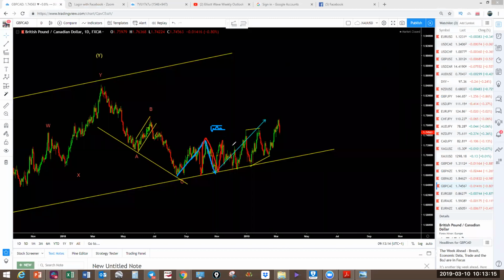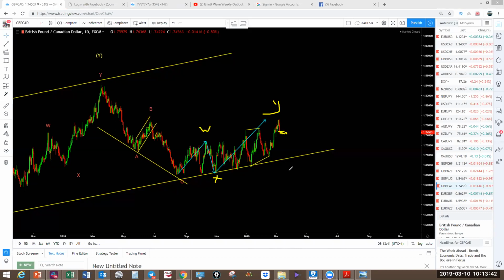And in this case here, you've got 1, 2, and the third one ends with this one. Okay, so now, is this the end of the corrective structure? And then we're going to expect a reversal there.